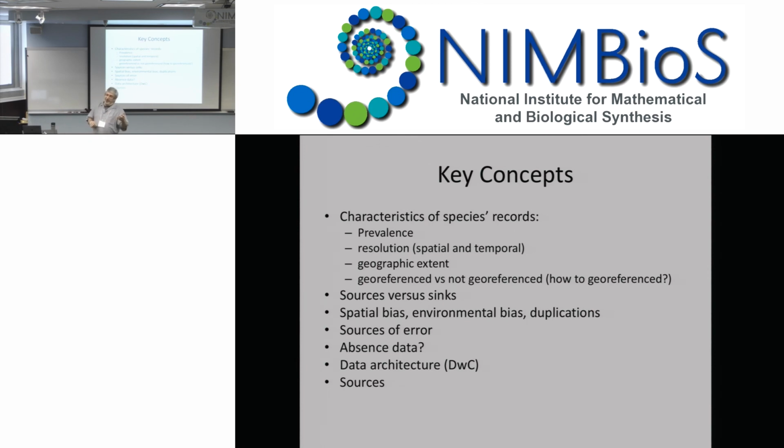Because if you think about it, if they're inside of A and M, then they're not mistuning our models. The problem is when you have a presence datum that's outside of A, so it's in conditions outside of the fundamental niche, but you have a presence of the species there. It could be because the specimen was misidentified.